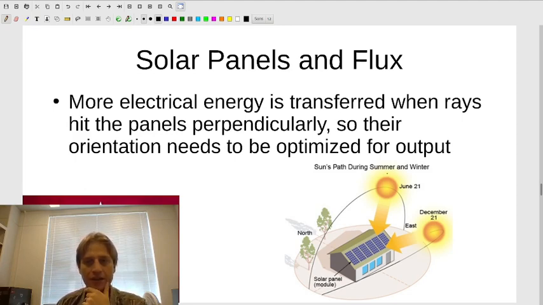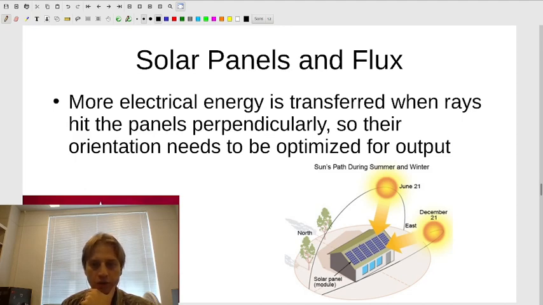The sun's path is higher in the sky during the summer and lower in the sky during the winter. That's why it's colder during the winter: the angle of that flux allows the ground to soak up less solar energy.